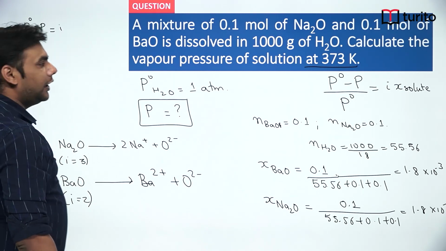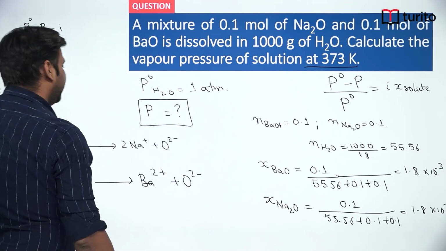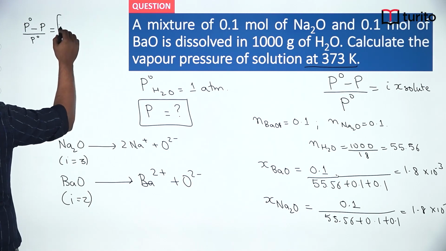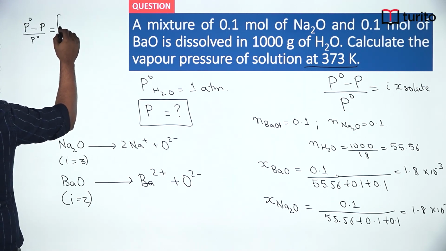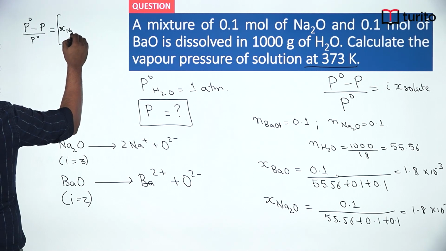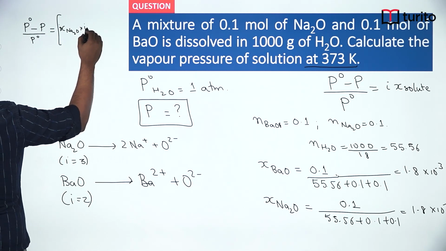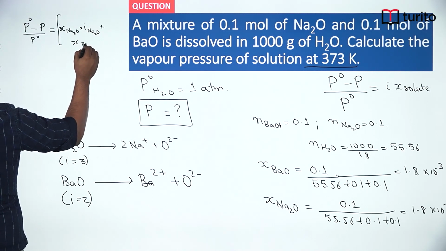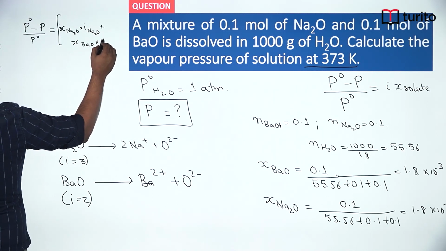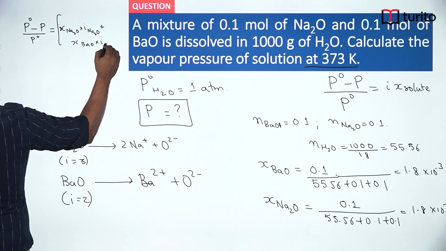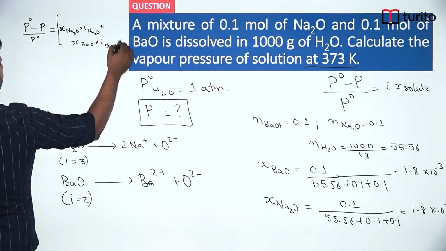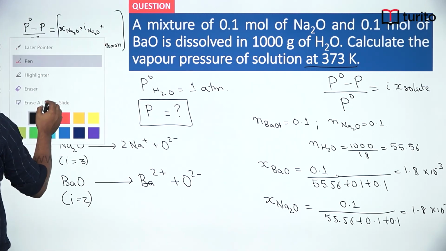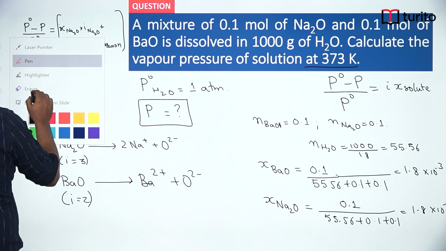of solute. Now because there are two types of solute over here, we'll write it as mole fraction of Na2O into its Van't Hoff factor plus mole fraction of BaO into its Van't Hoff factor, because both of them are solute now.